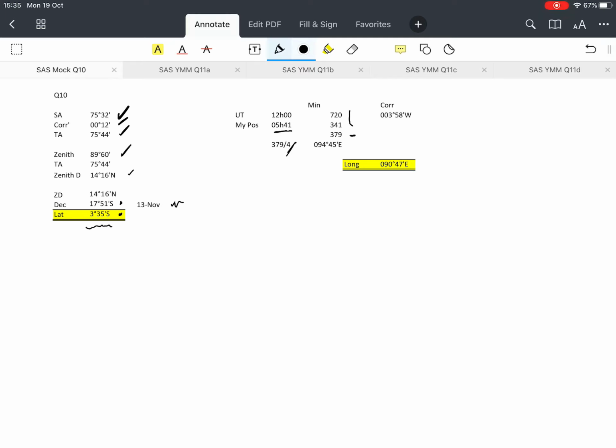We divide that by 4 to get our degrees, and we end up with 94.45 degrees east. But remember, the UT time is not exactly on the zero line, so we have to correct for that, and again, opposites we subtract, and we end up with a longitude of 90 degrees 47 minutes east.